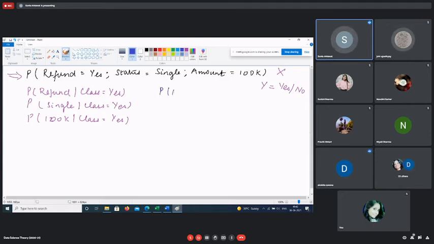Yes, ma'am. Second point, we have to calculate again refund for class no. We have to calculate the status which is single for class no. And we have to calculate the amount for the class no. Mind it, over here the refund is yes.